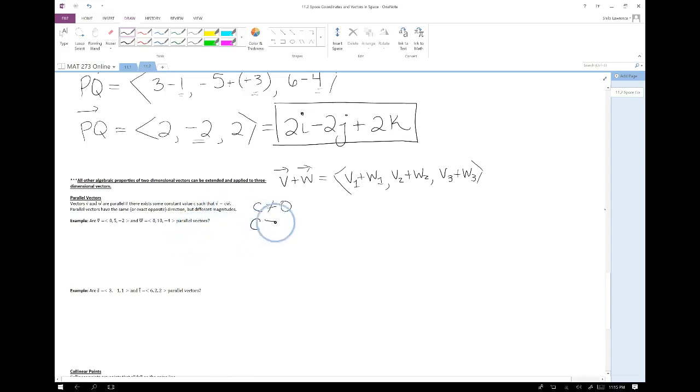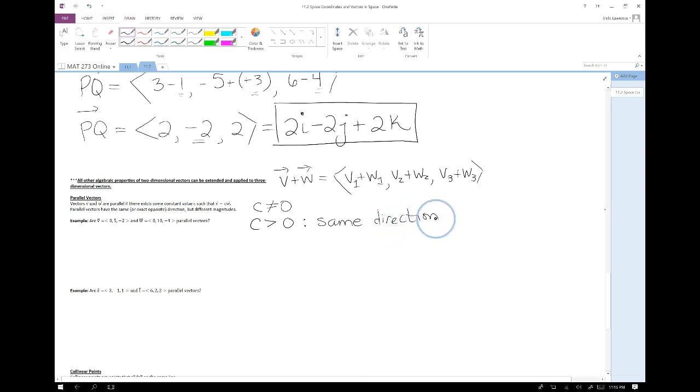If c is a positive number, our vectors are going to point in the same direction. It's bigger than 0. So if c is any positive value, then our vectors will have the same direction.